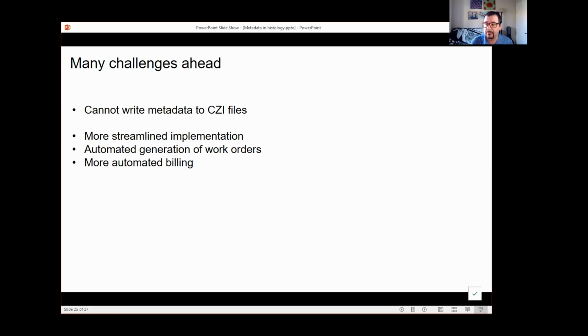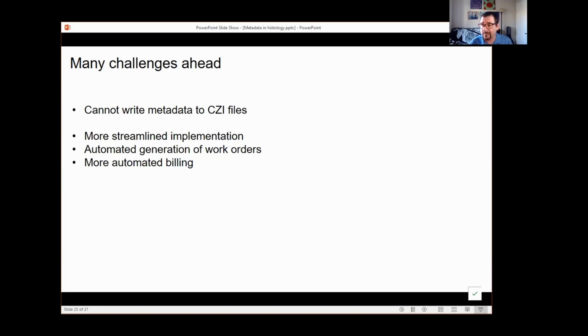At least we haven't found a way to do that. You can go and manually type something into the software, but you cannot code a script that's going to do it for you. So we definitely want a more streamlined implementation. It's a temporary workaround, as I mentioned, that stuck and works very well.